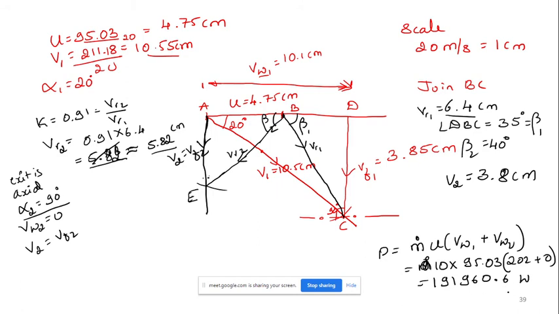Tell me. Sir, how do we calculate VW1? VW1 is the AD value. AD is 10.1 centimeter. Multiply this with the scaling factor 20.